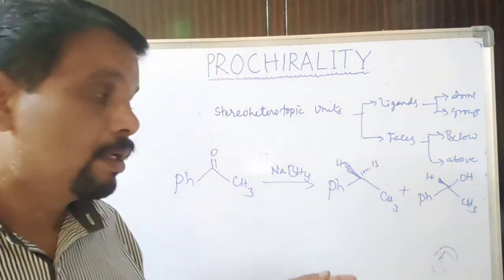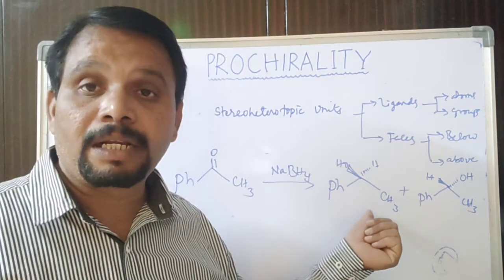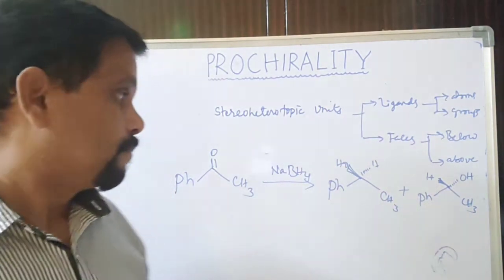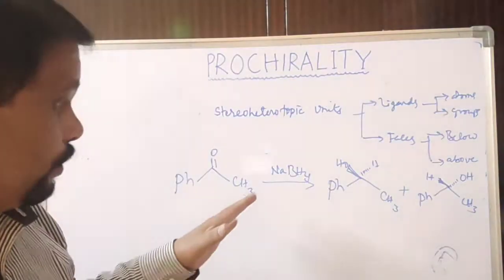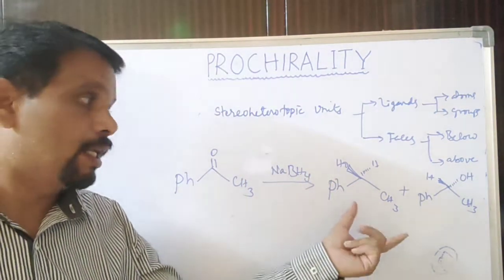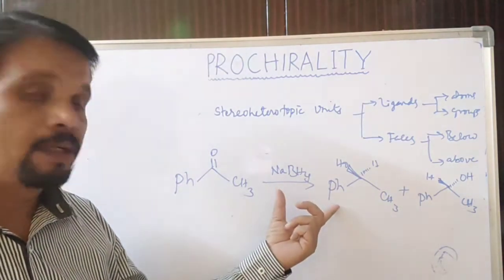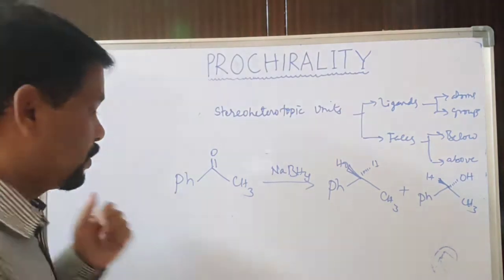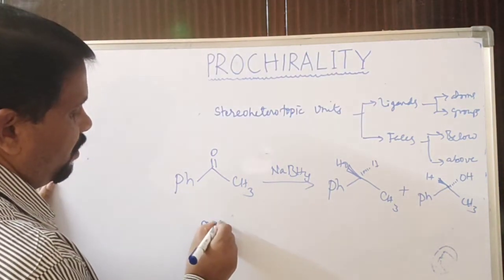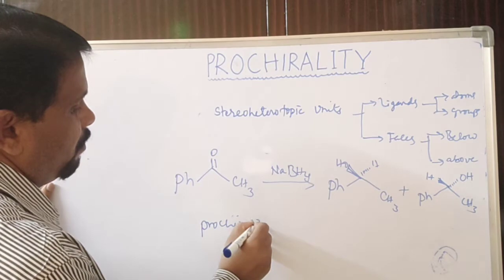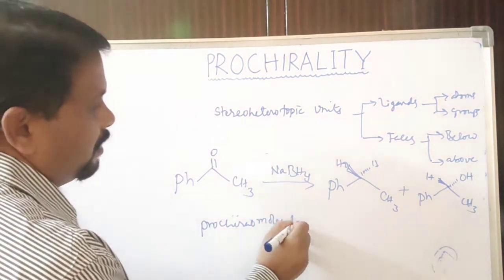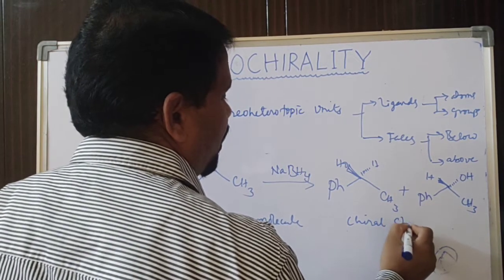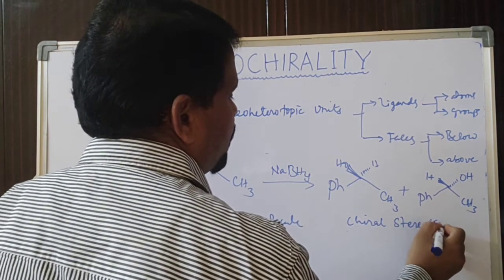These two are chiral stereoisomers. They are nothing but enantiomers, right? So these two chiral stereoisomers are produced by this prochiral molecule. This is a prochiral molecule. These are chiral stereoisomers.